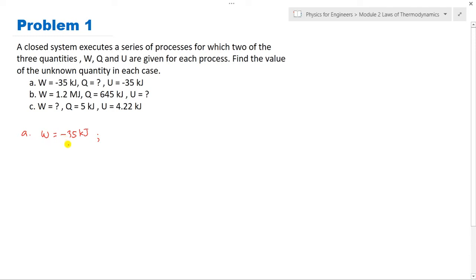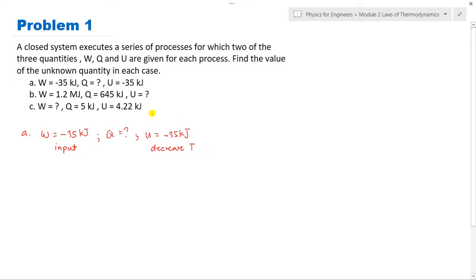If this is a negative work, it means this is an input work, work done on our system. We don't have Q, so that is what we will find. The internal energy is equal to negative 35 kilojoules. What it means is that our system has a decrease in internal energy, and so a decrease in temperature.